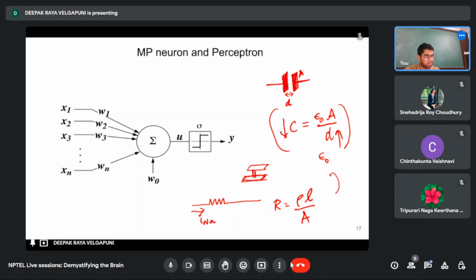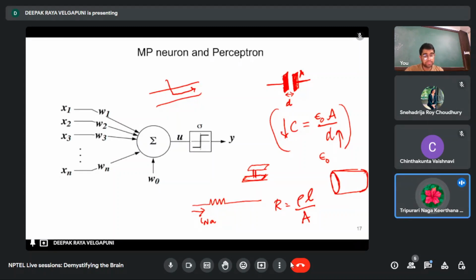You have a conductor with some diameter and some length. So if they ask how the resistance varies with increasing length, say in the cytoplasm, once the current enters it flows, right? If you increase the length, the number of obstructions will increase, so resistance is proportional to length. Resistance will increase with length, that is, conductance will decrease with length, whereas with the area of the cytoplasm, the resistance decreases.